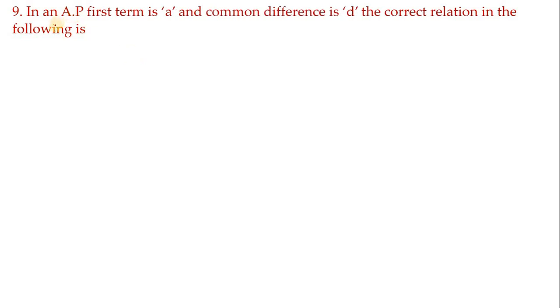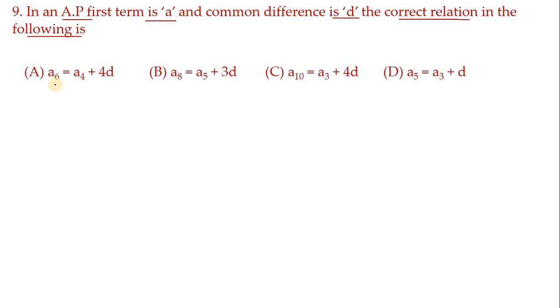Next problem. In an AP, the first term is A, the common difference is D, the correct relation in the following is: A6 equals A4 plus 4D, A8 equals A5 plus 3D, A10 equals A3 plus 4D, A5 equals A3 plus 4D. See, understanding is very important.